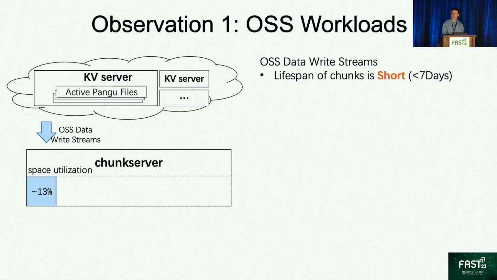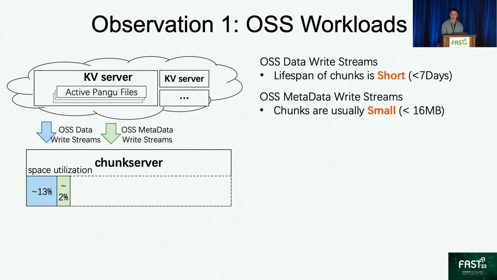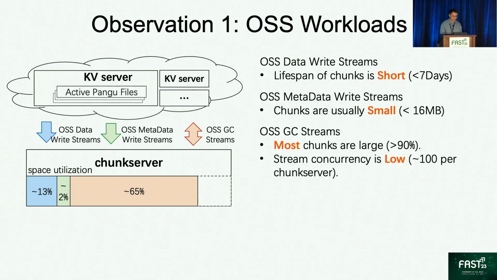The OSS data write streams occupy around 13% of space on disk and have quite a short lifespan. OSS metadata write streams have little data, and the chunks are really small. OSS GC streams have the most data, and most of the chunks can be large.